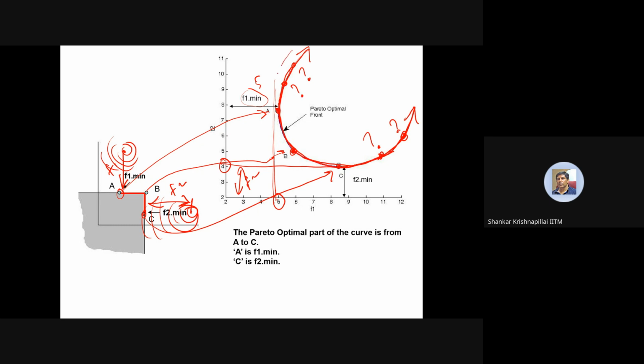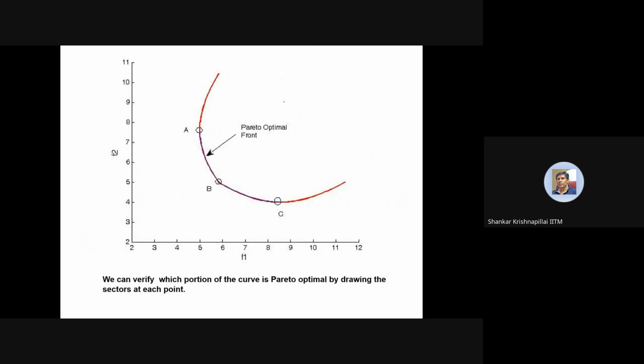It is very easy to get this boundary. You just convert the constraint boundary into F1, F2 coordinates and you get the entire boundary of the F1, F2 curve. But out of this, only one part is the Pareto optimal part. Here it can be shown that from A to C is the Pareto optimal part.